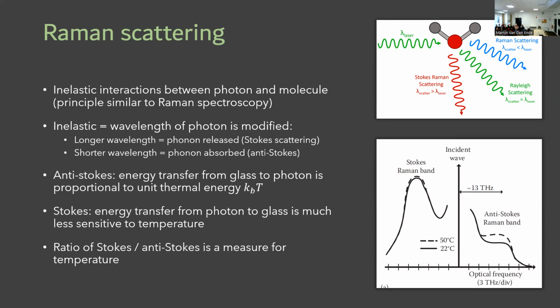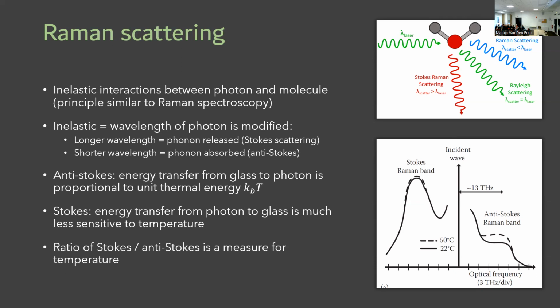A photon hits this molecule, and then it can emit a new photon which has a wavelength either smaller than the original wavelength, so it has absorbed energy from the molecule, or it emits a photon with a longer wavelength, which then has given up or transmitted energy from the photon to the molecule. And these are called the Stokes and anti-Stokes components.